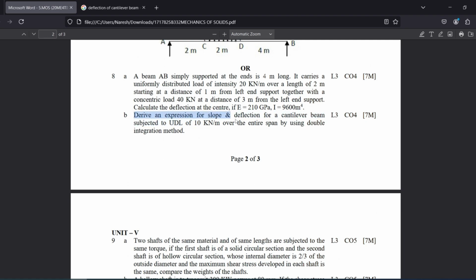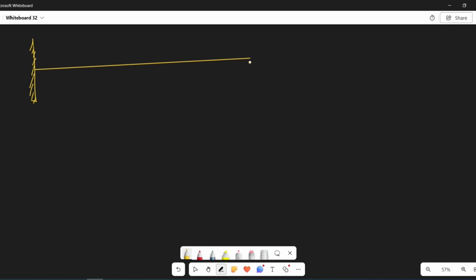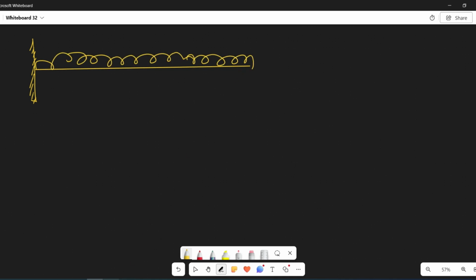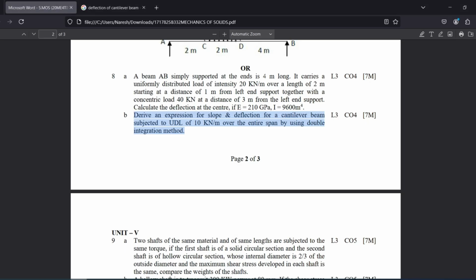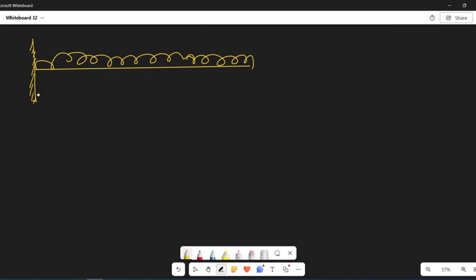Now derive an equation for slope and deflection of a cantilever beam subjected to a UDL of 10 kilonewton per meter over the entire span. Again, there is no specific dimension given for the span.